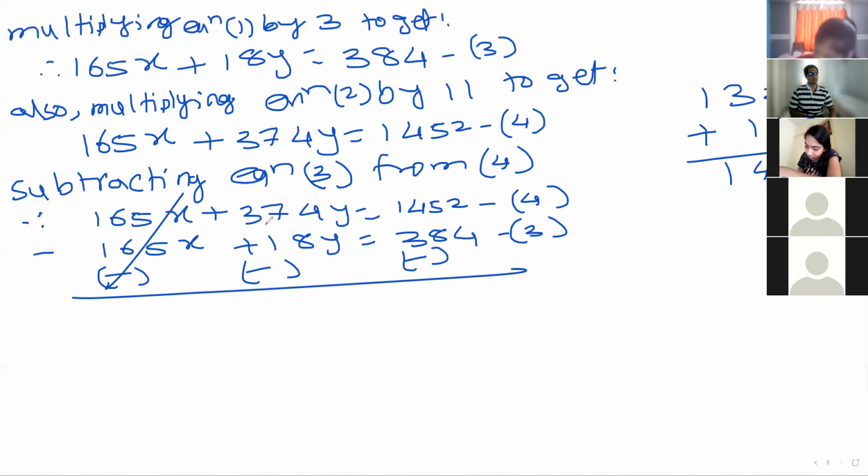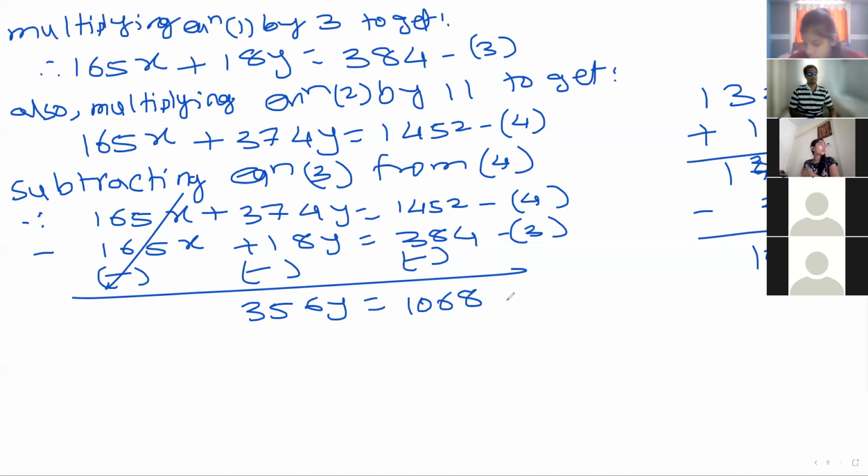165x will get cancelled. 374 minus 18y is how much? 356y. And 1452 minus 384 is how much? 1068.